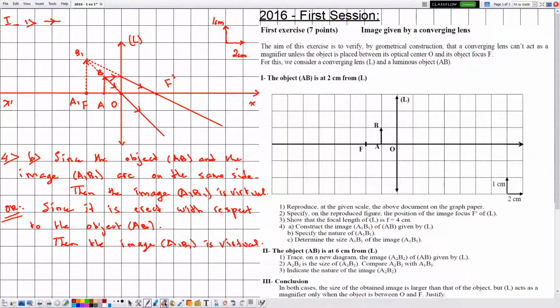Okay, so now in part C they are telling me to determine the size of the image A1, B1. So we need to determine graphically the size of the image, which is A1, B1.